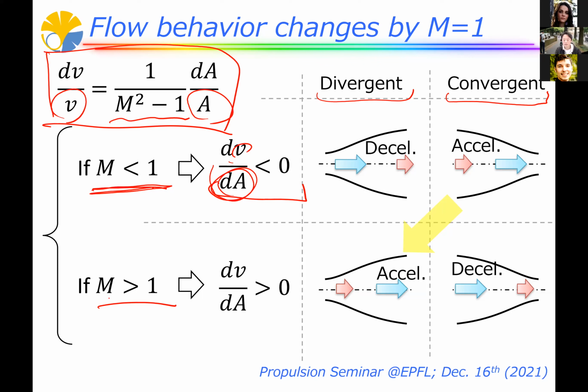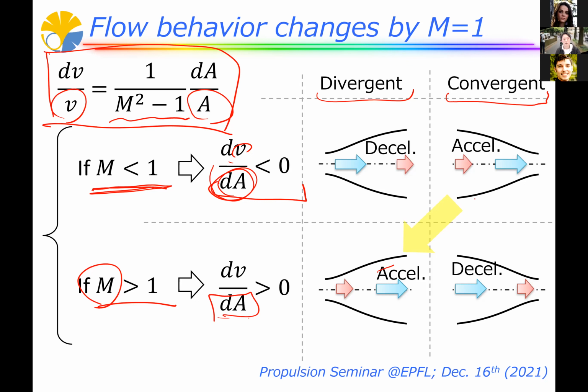However, when Mach number exceeds 1, this characteristics is changed completely. So when you increase the area, velocity is increased, and when you decrease the area, velocity is also decreased.